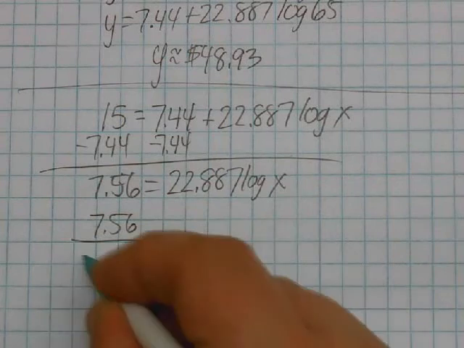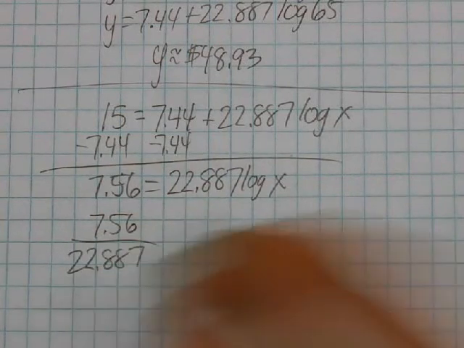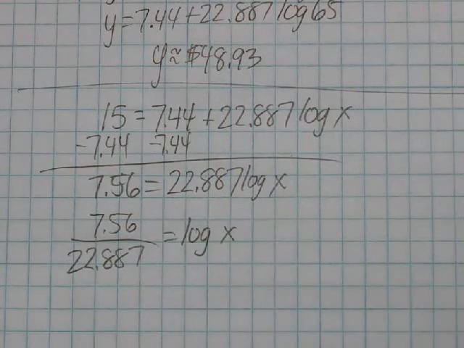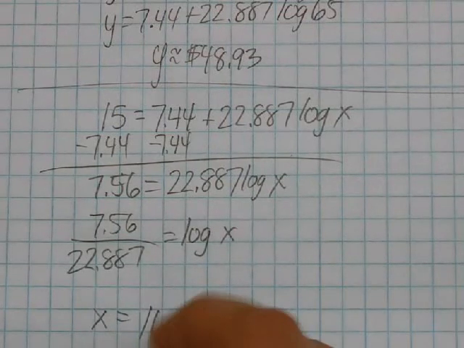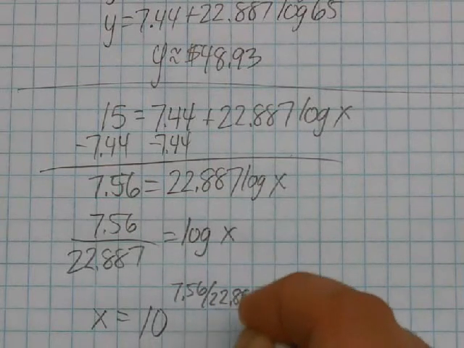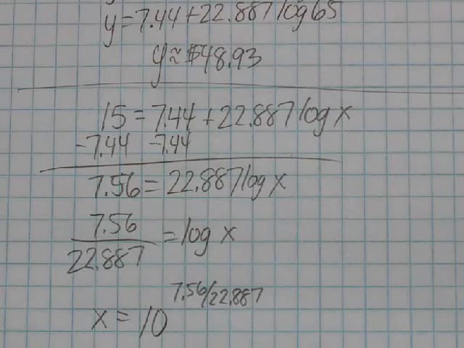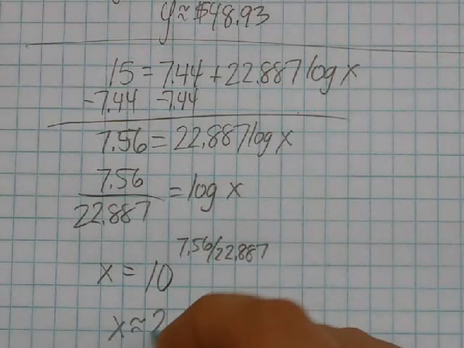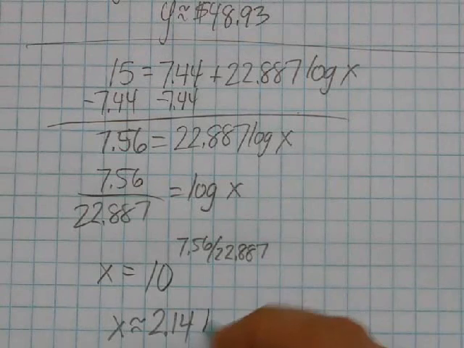We'll divide both sides by 22.887. So we know x is equal to 10 to the power of 7.56 over 22.887. So we get about 2.14 hours.